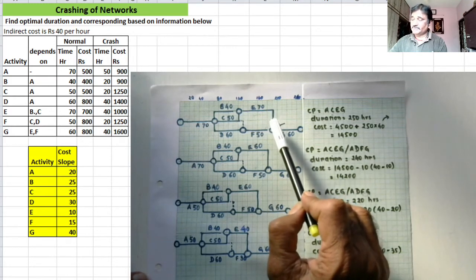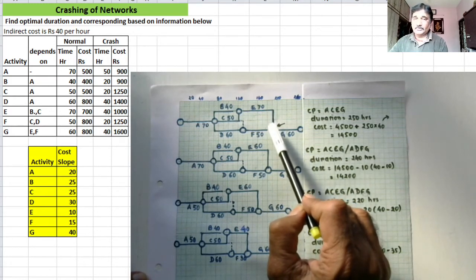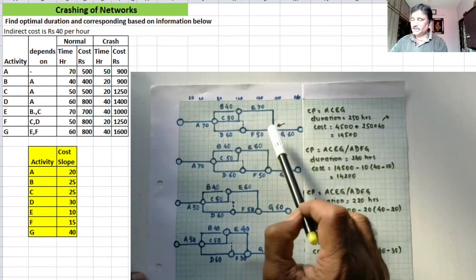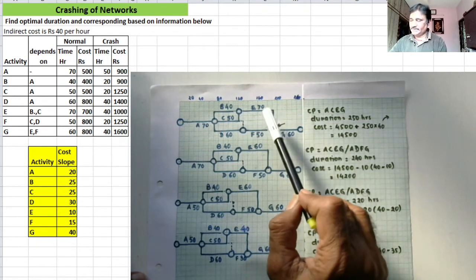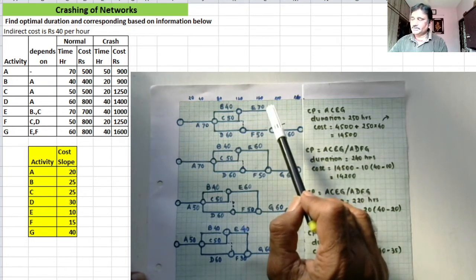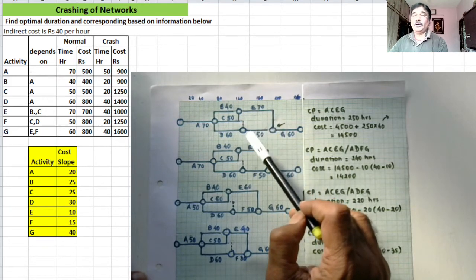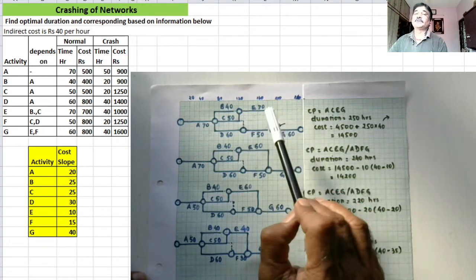Now the immediate question is, by what amount, by what extent, should you crash it? You should crash the activity by the extent which will not lead to another activity being on the critical path.